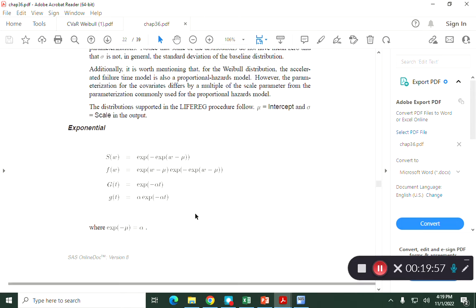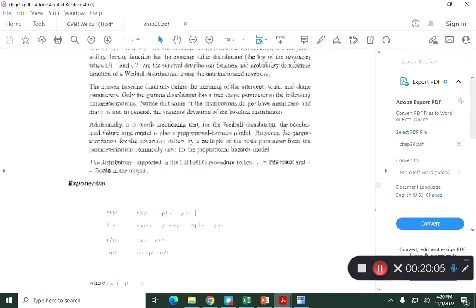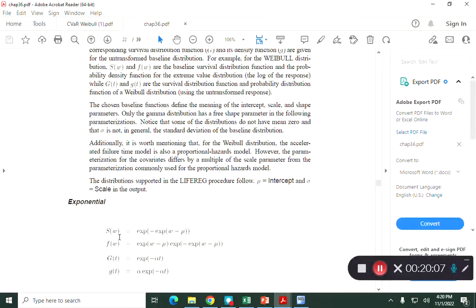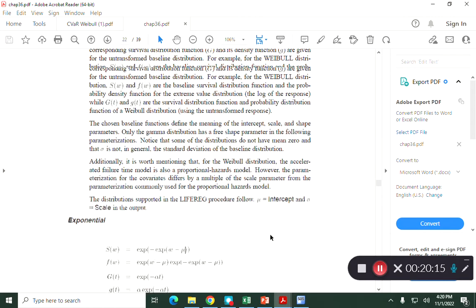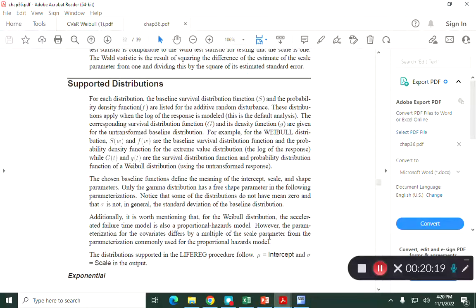And then you can build your survival function and your 1 minus survival function equal to your CDF and your PDF. And GT is the cumulative hazard function. The SAS has used different symbol for that, okay?